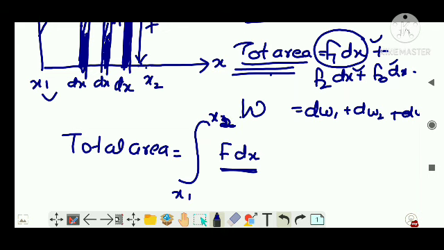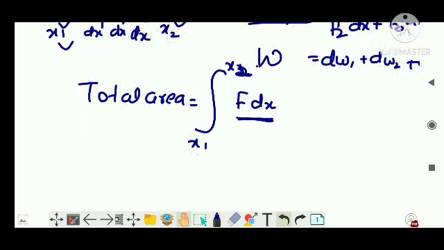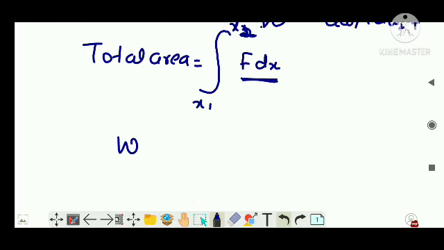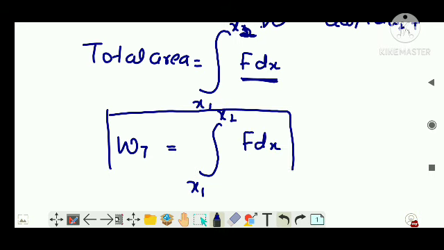I am going to add all of them from which limit? From x1 to x2. And what is this total area? That is our total work done. So total work done in the case of a variable force is the integral from x1 to x2 of f dx. Work done by a variable force is given by W total equal to integral x1 to x2 f dx.